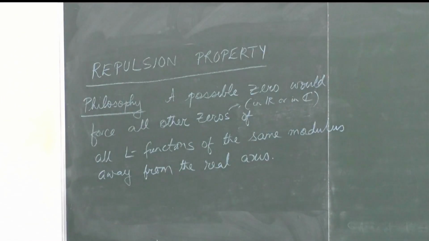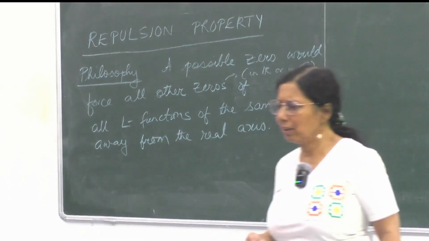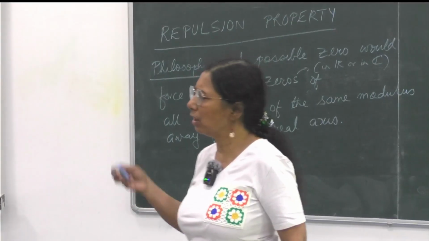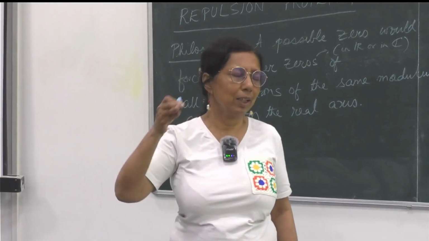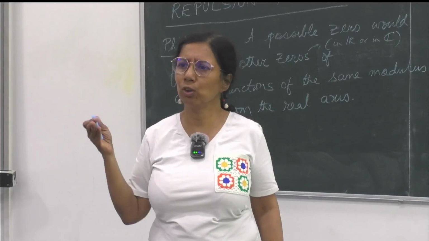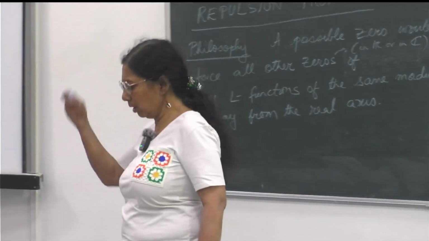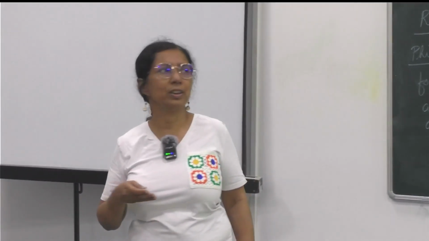So we will find a condition on the binary Goldbach problem which will make the exceptional zeros disappear.